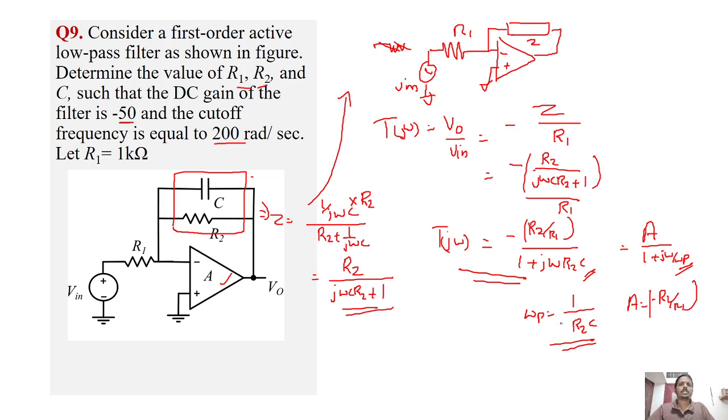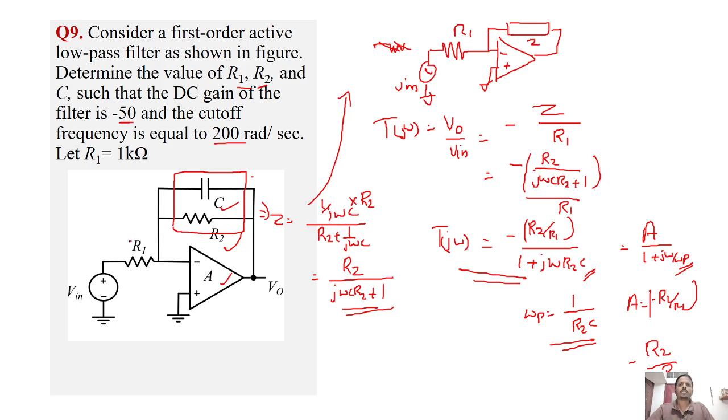As we can see here, the gain of this filter can be adjusted using the values of R2 and R1, and the cutoff frequency is determined by R2 and C. The question is to find the values of R2 and C, right?